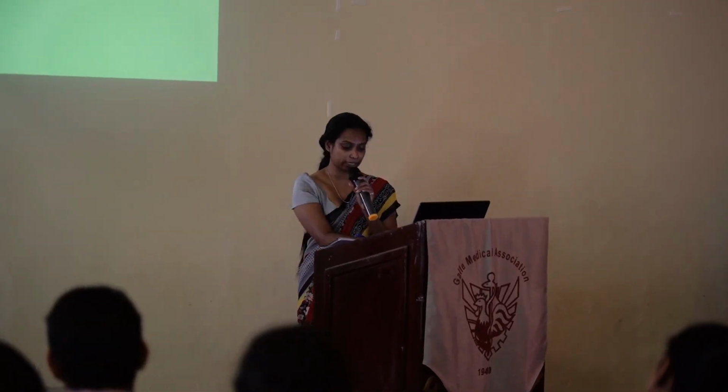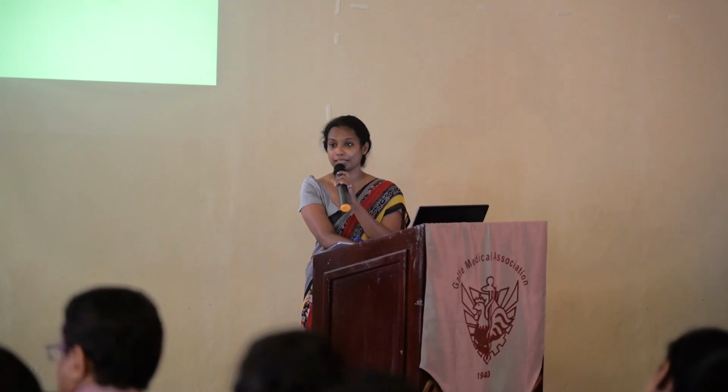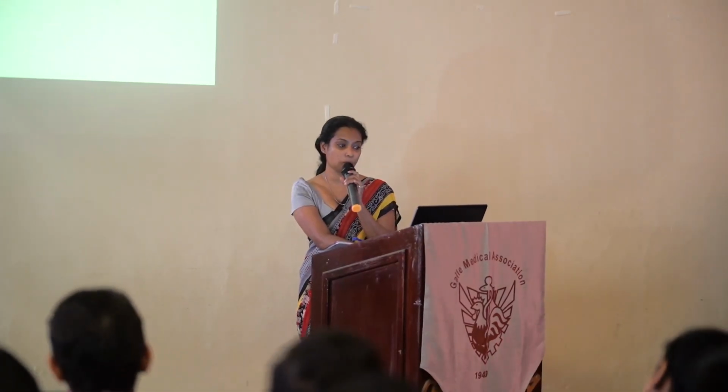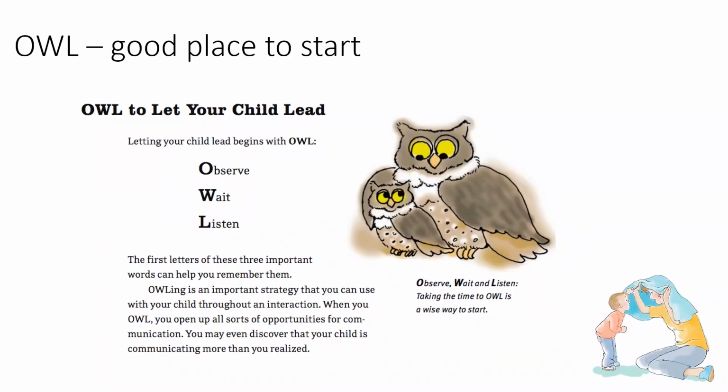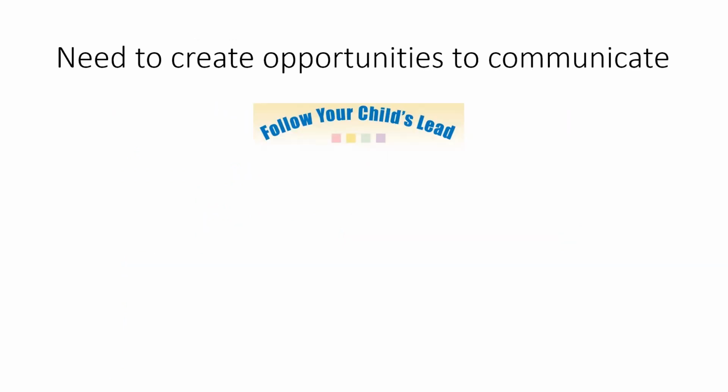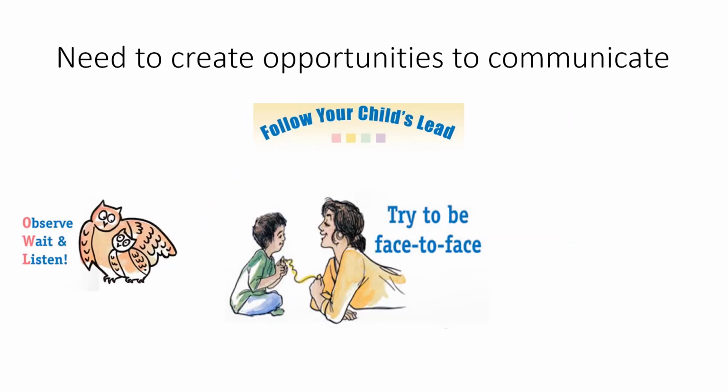Now let's look at some of the other things that you can do to create more opportunities to communicate. One thing that we have discussed is OWL: observe, wait, and listen. The next one is to try to be at face-to-face level. What we need to understand is if you are up and the child is down, it is very difficult for them to see.